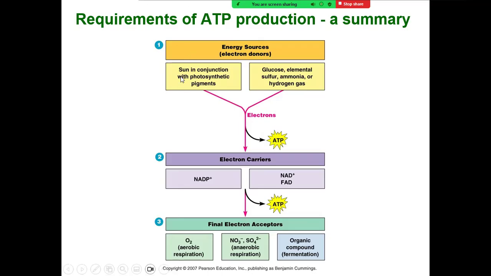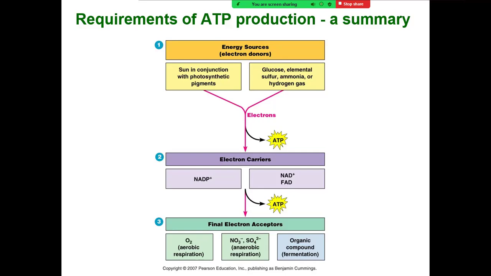It can also come from the sun, the energy of the sun striking the pigments, chlorophyll for example, causing those electrons to leave the chlorophyll. And then there will be an electron carrier molecule carrying the electrons to the electron transport chain.